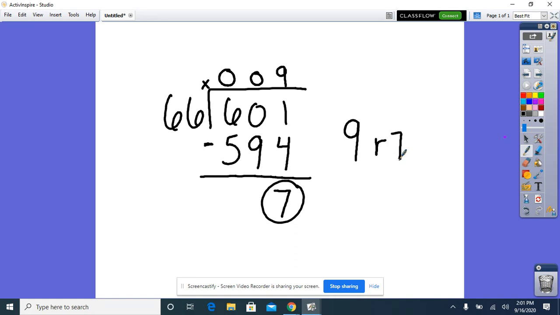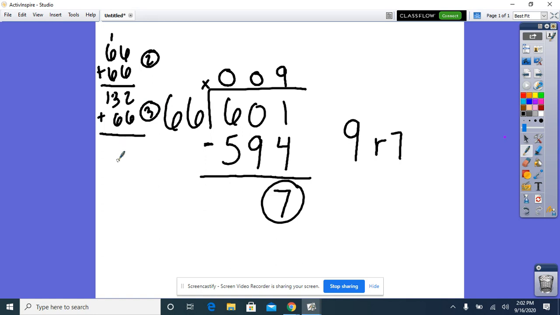If you don't feel comfortable doing that, another thing you could do would be adding 66 together, putting your 2 here because you know you've added it twice. So 66 plus 66 would give you 132, and then you would add another 66 because this 132 is not over 601 yet. This is my third time adding 66.